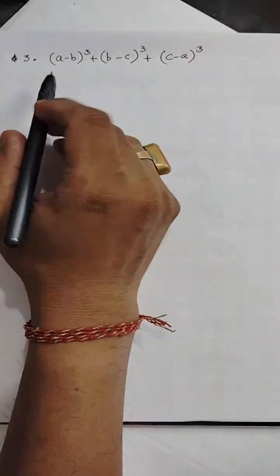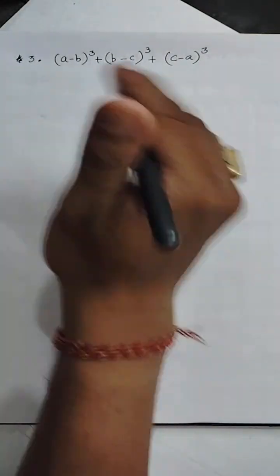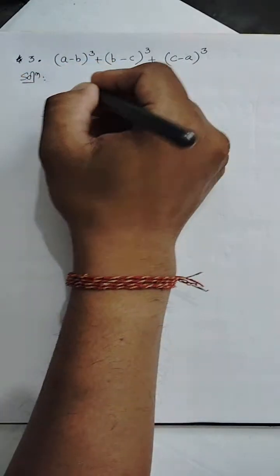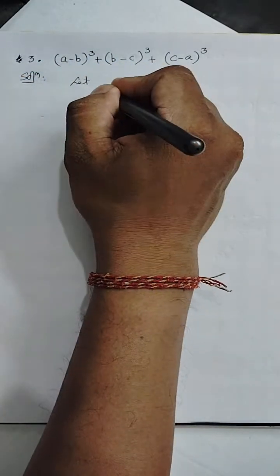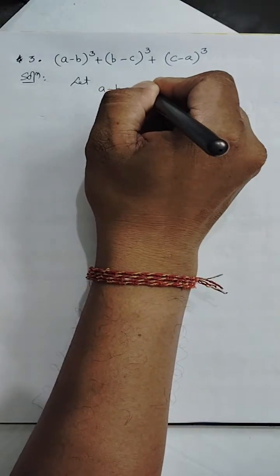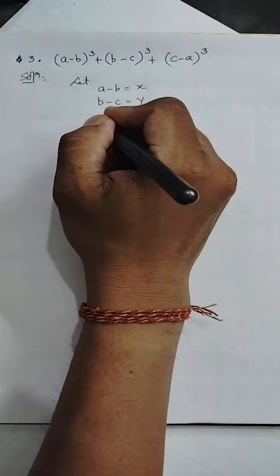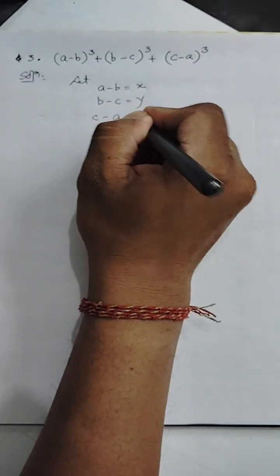Fine. So what we can do, we can assume, okay, so this is the solution part. So let us assume that a minus b is equal to x, b minus c is equal to y, and c minus a is equal to z.